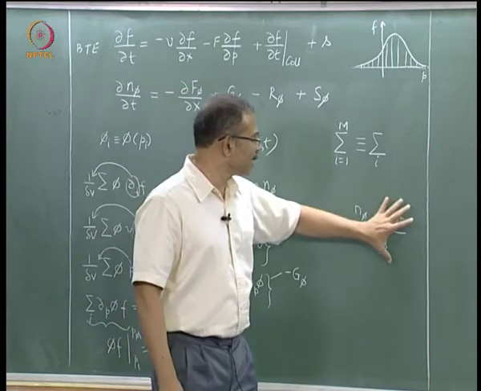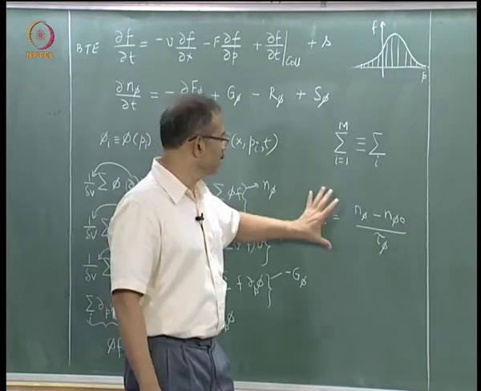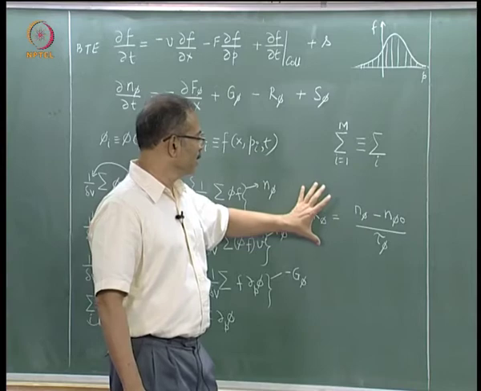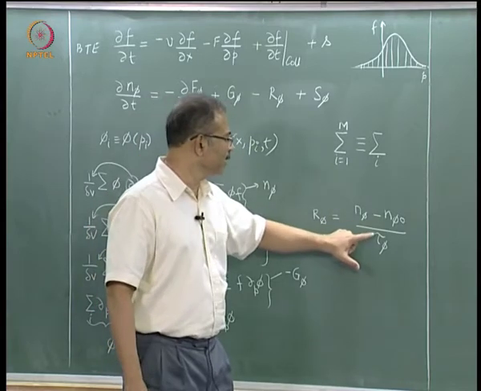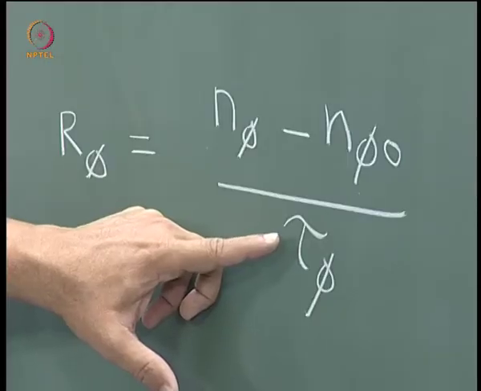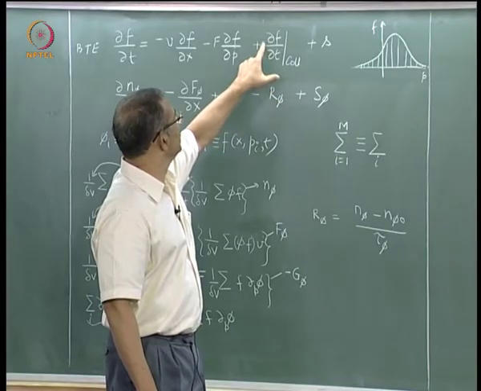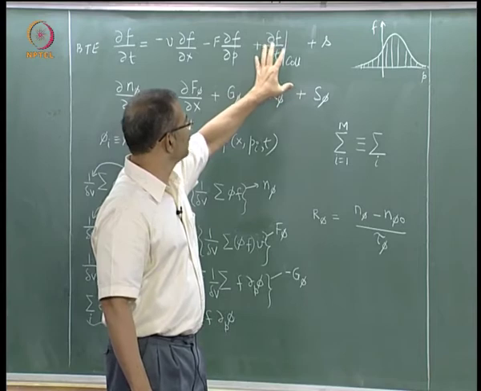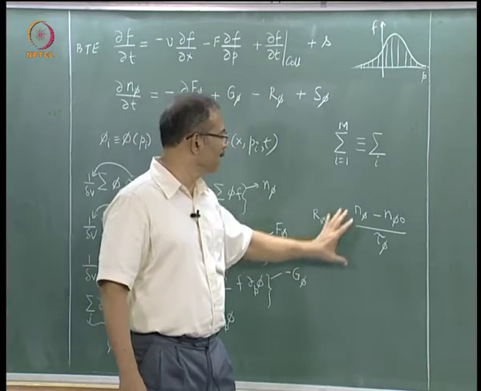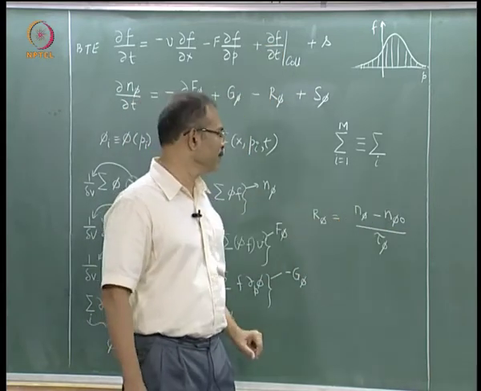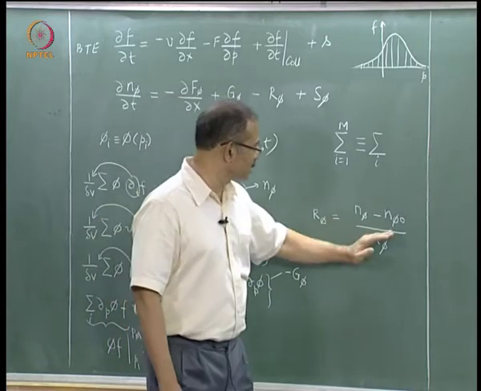That is the kind of motivation for writing this form. So the tau phi here will be derived from quantum mechanics. You can always multiply dou f by dou t by phi, do summation and so on. Now that expression I will not write here, I will write only the final result. But let us interpret what this result means.